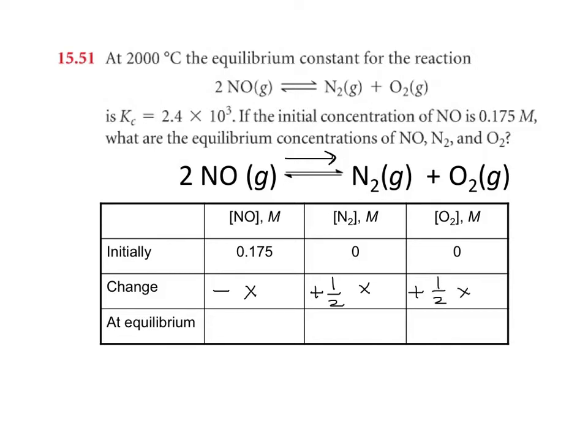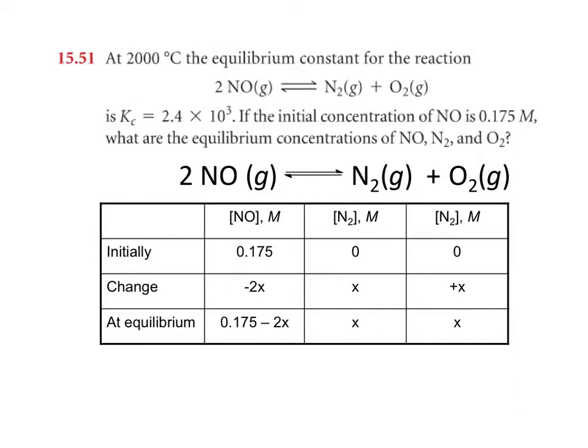And I can write at equilibrium by taking the initial and adding it to the change. In this case, the change is negative, so I'm actually subtracting. I can write expressions for each of these equilibrium concentrations.